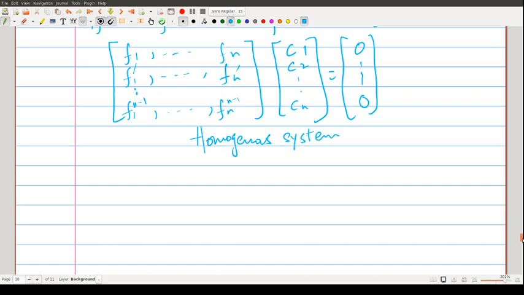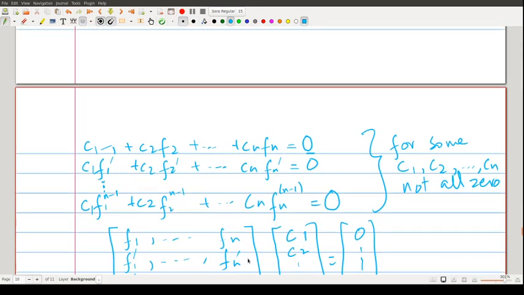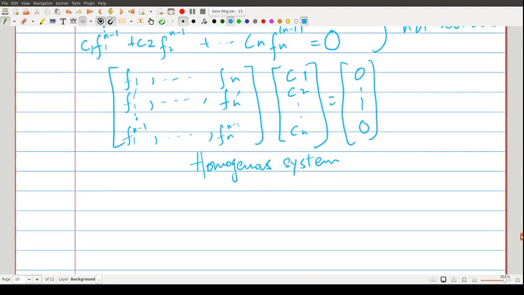But now we already know that this homogeneous system has a non-trivial solution, because it's true for some C1, C2 up until Cn not all 0.